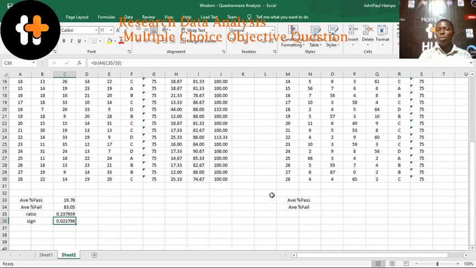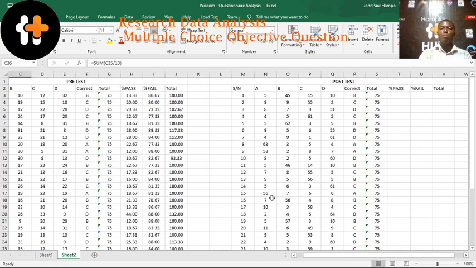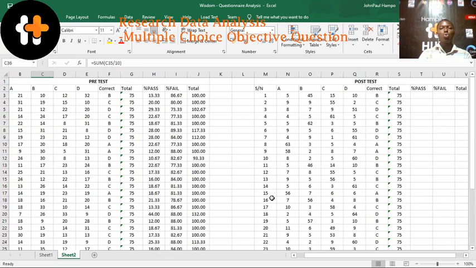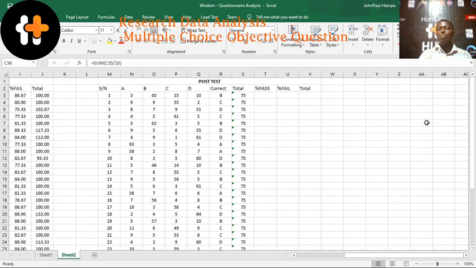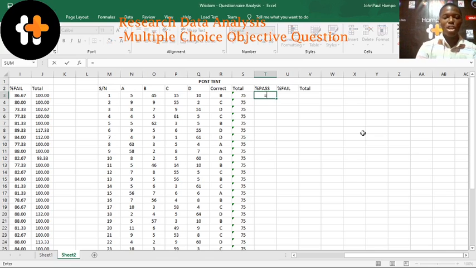For the pretest, the same way we did for the pretest, that is how we also do for the post-test. In the aspect of the post-test, we just need to apply the same wisdom in getting the percentage pass and the percentage fail. Our percentage pass can be gotten using this IF.